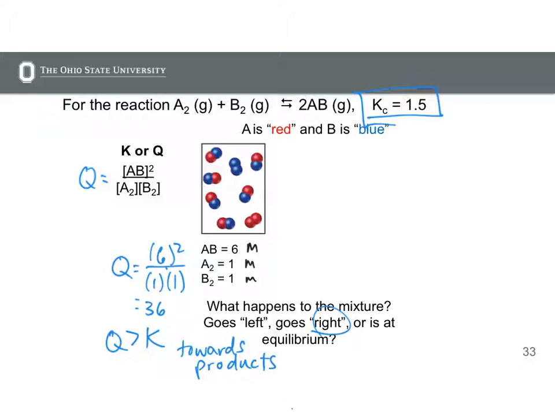I really hate the right and left nomenclature. There's a really good chance it'll show up on the exam. I'm trying to get it off. Right is products and left is reactants. Oh, on slide 26, it says if Q is greater than K, there's more products, right.